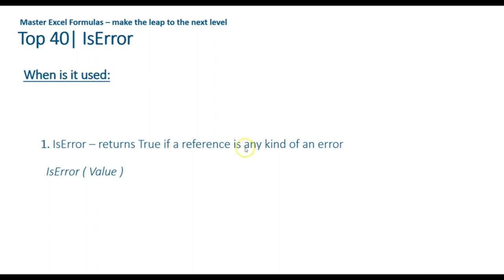So that's why the explanation here specifies any kind of error. The structure of the formula is that all we need to do is put the value or the specified cell within the brackets.